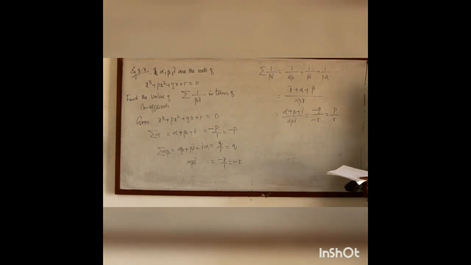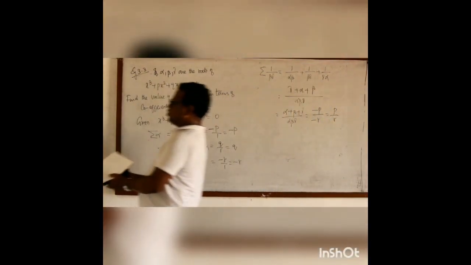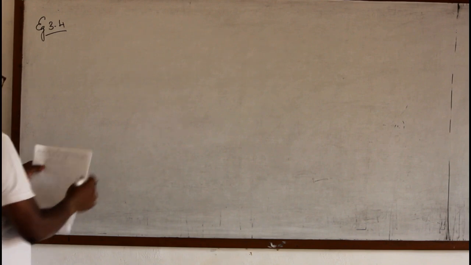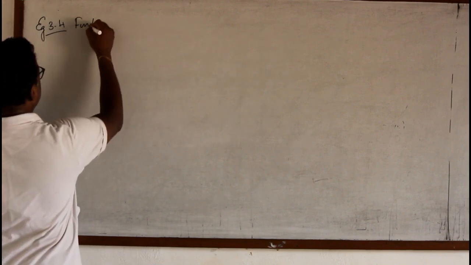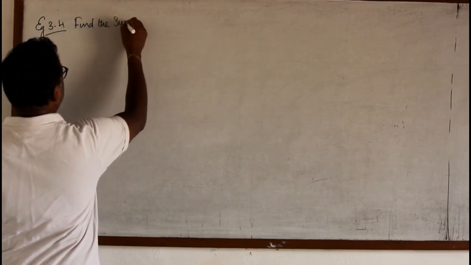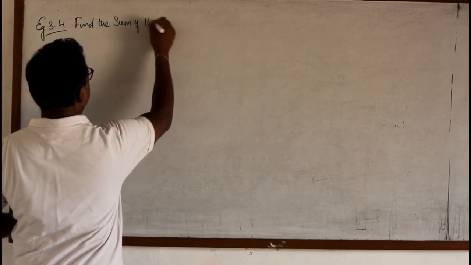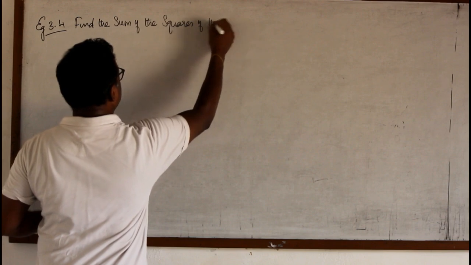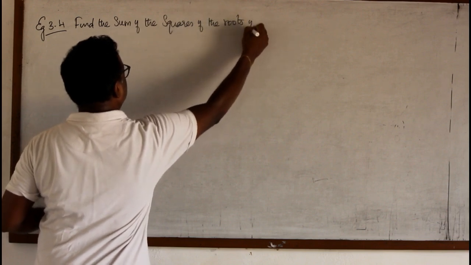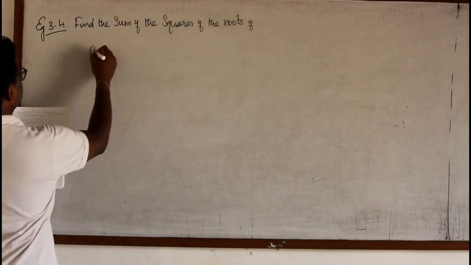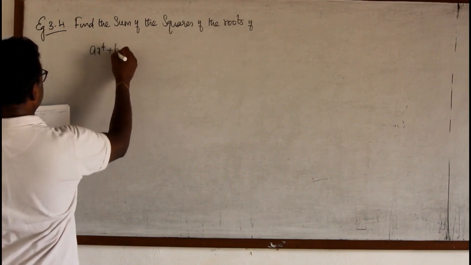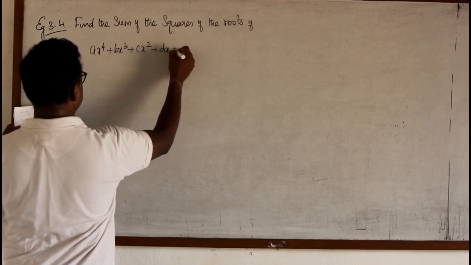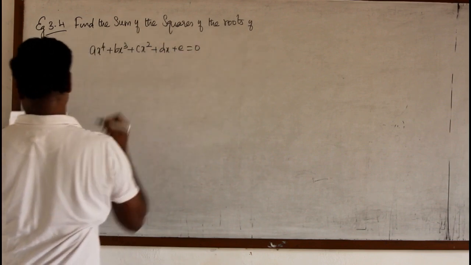Now we should know example 3.4. Next example 3.4. Find the sum of the squares of the roots of ax power 4 plus bx cube plus cx square plus dx plus e equal to 0.